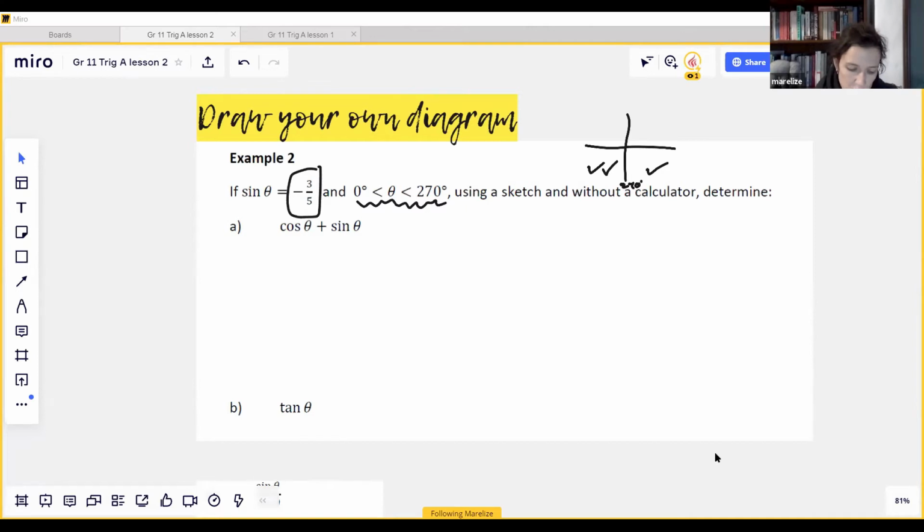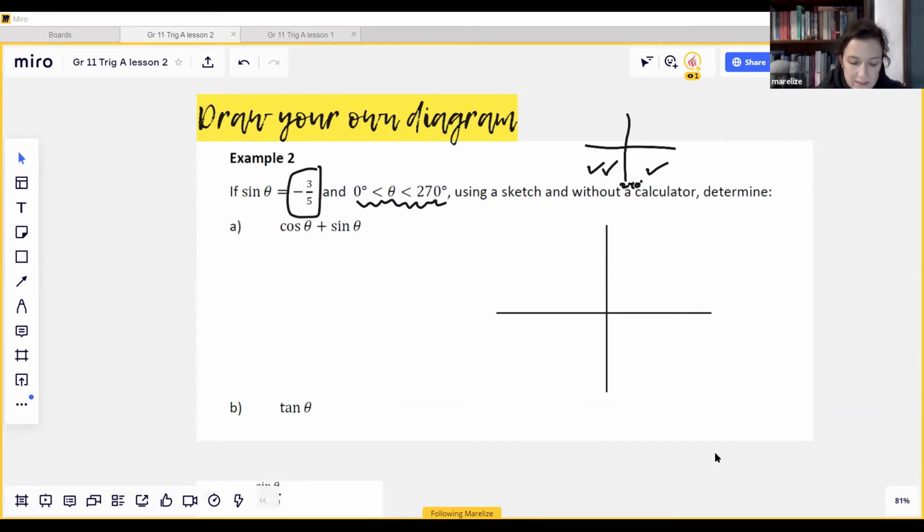I'm going to draw my quadrant, my straight line here. Let me just do that. Okay.